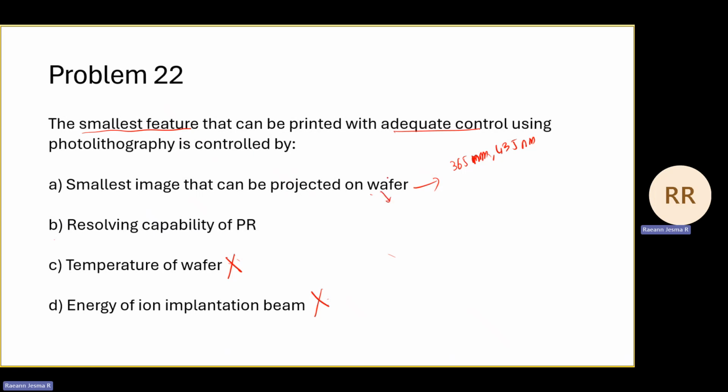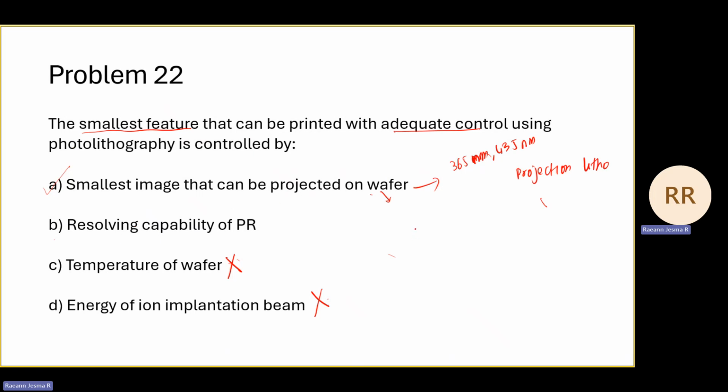Also, in one of the previous lectures, we saw projection lithography, where we can use an objective lens to make the dimensions of the features projected on the wafer smaller than the ones on the mask. So that is one thing that we can control. We can make sure that we have a very small feature by making sure that the image projected on the wafer is small. So this is correct. And the second thing is the resolving capability of PR.